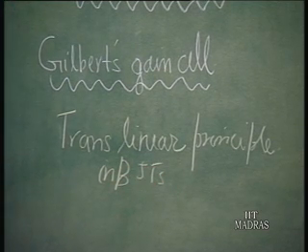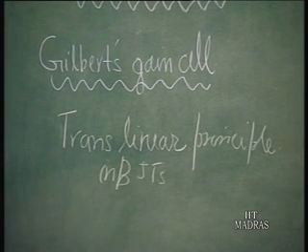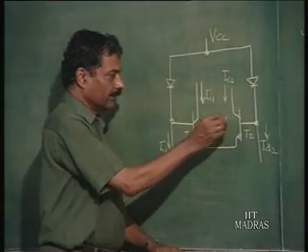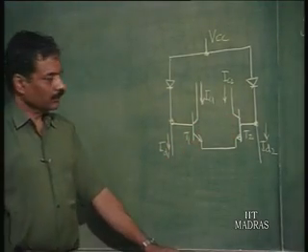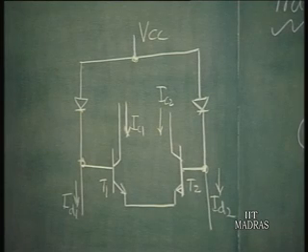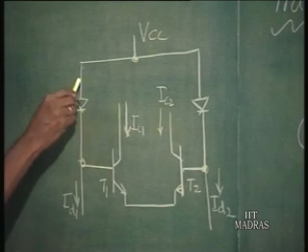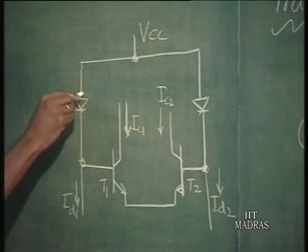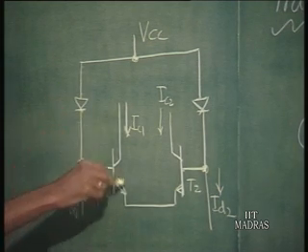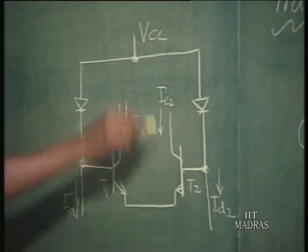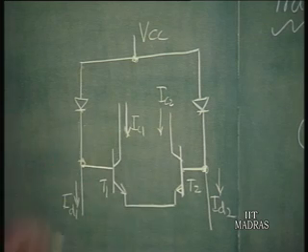What is that translinear principle? The Gilbert Cell is given here. This is a very important cell. This comprises base emitter junctions or diode junctions, forward biased, but forming a loop.